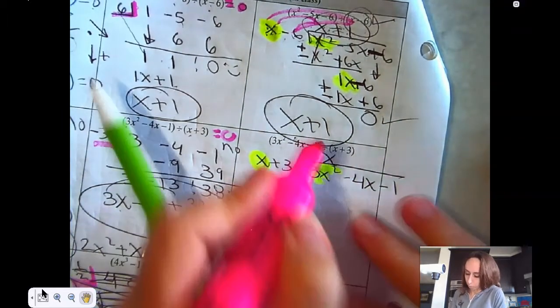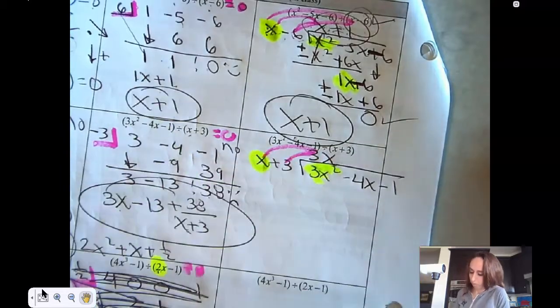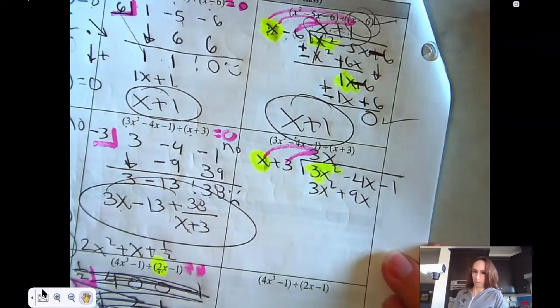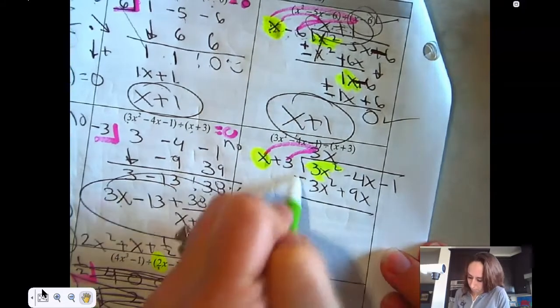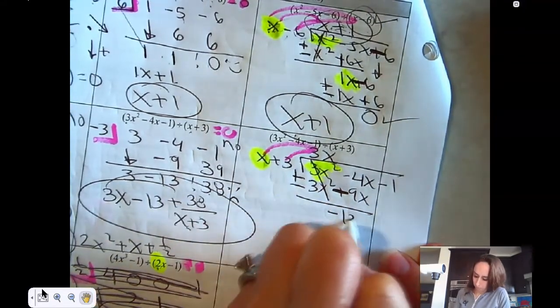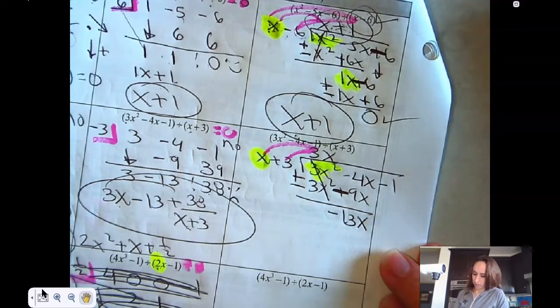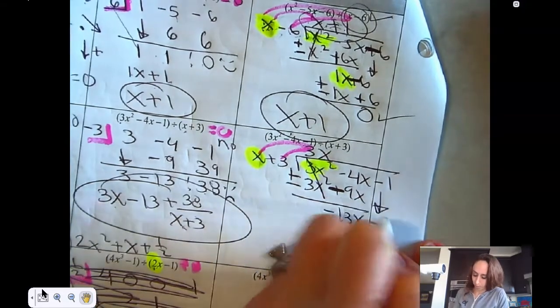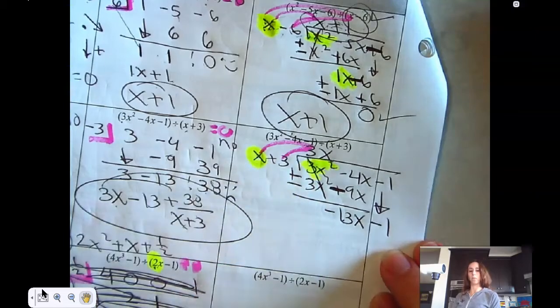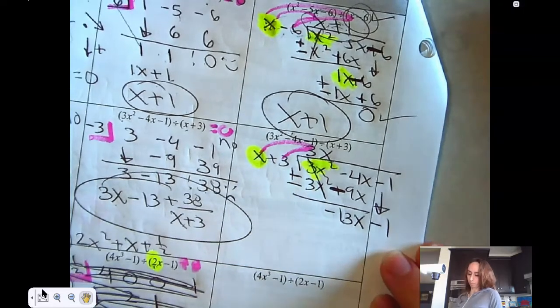Now I multiply both. Now I subtract both. Gone. -13x, and then bring down the -1. So I divided 1, multiplied both, subtracted both, brought down the -1.